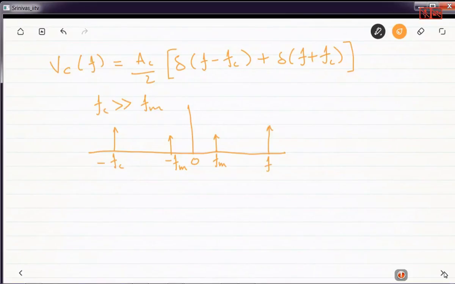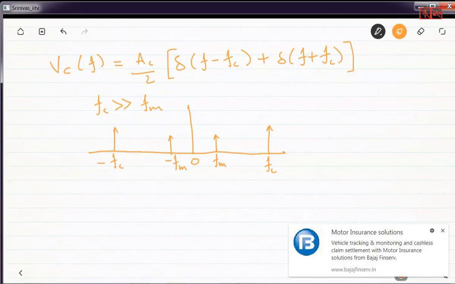This is plus Fc. The amplitude of both the impulses at Fm is Am by 2, and the amplitude of both the impulses at Fc is Ac by 2. I just plotted the spectrum of both the signals on the same diagram. That's it.